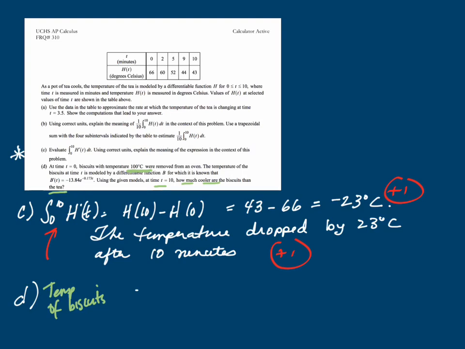So if we're going to write this out, we want b of t, right? And I want b of 10. I want the temperature of these biscuits after 10 minutes. See, if you write this stuff out, it makes sense. That's going to be equal to b of 0, here's our fundamental theorem of calculus, plus the integral from 0 to 10 of b prime of t dt.